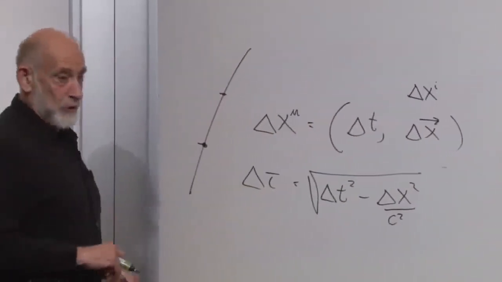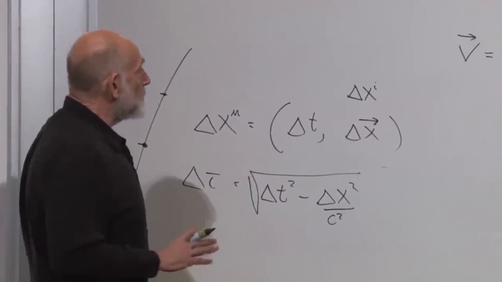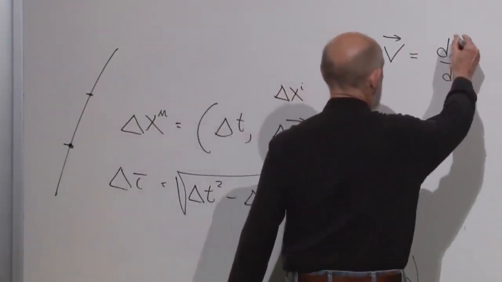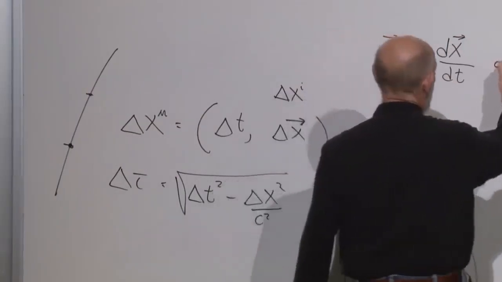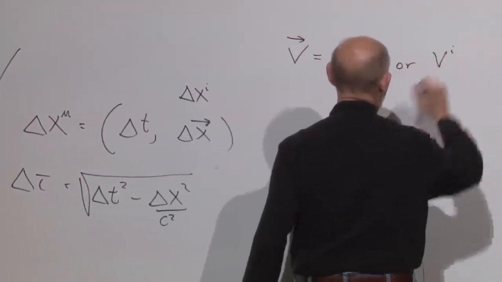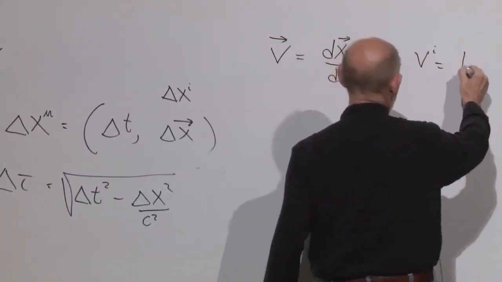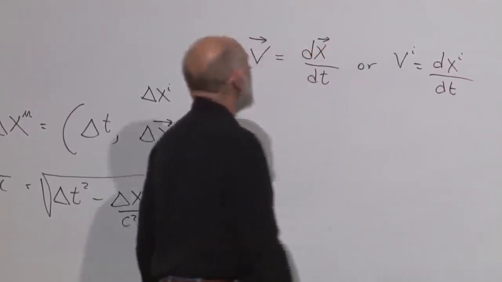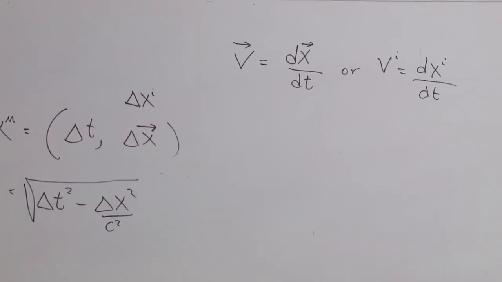That's a three-dimensional notion of velocity. So vi is equal to dxi by dt. All right, that's one notion of velocity.